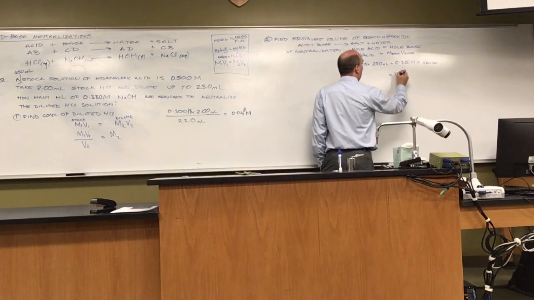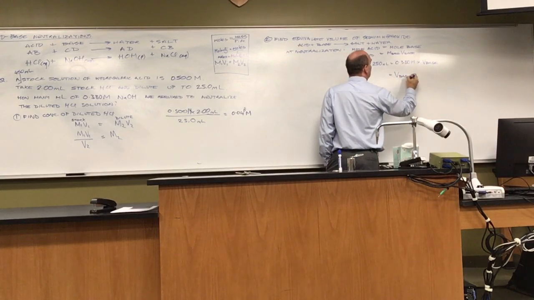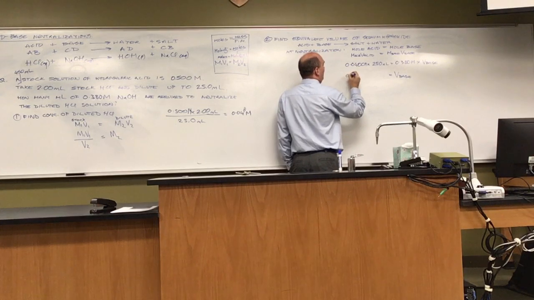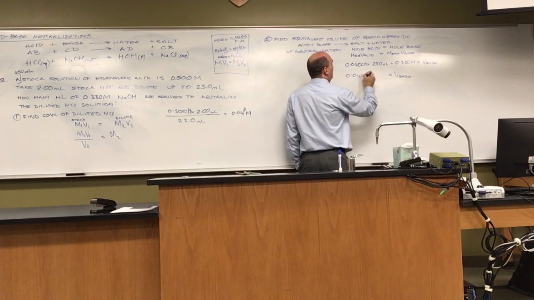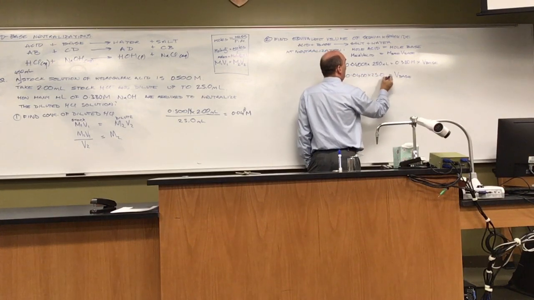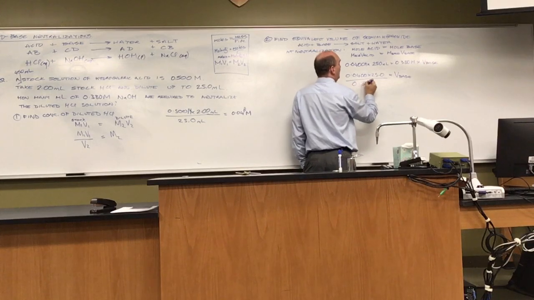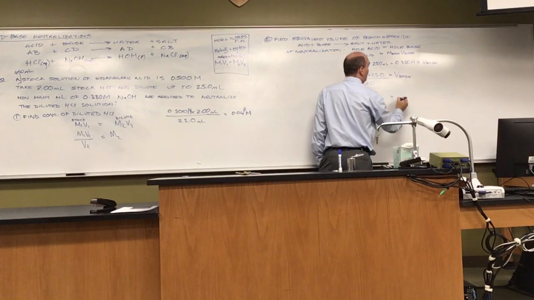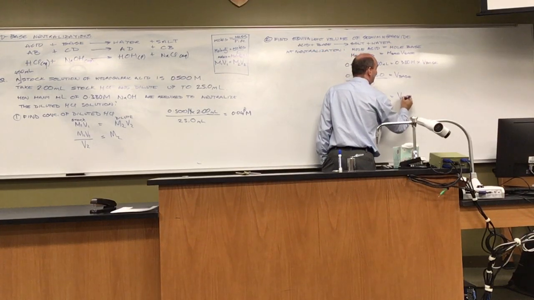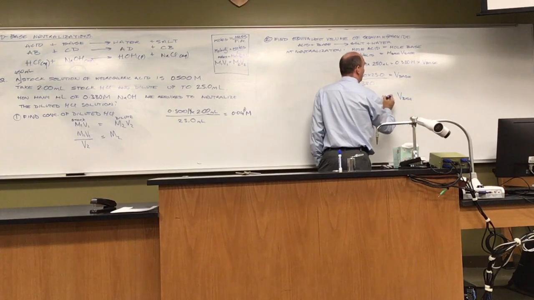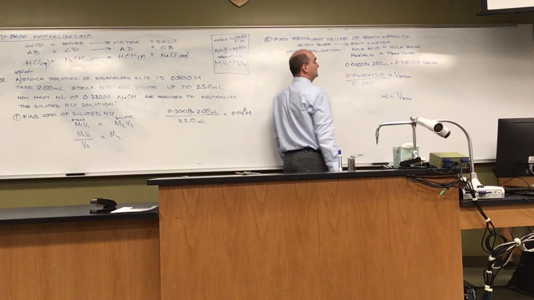So the volume of the base equals 0.04 times 25 divided by 0.380. And that answer will be in milliliters.